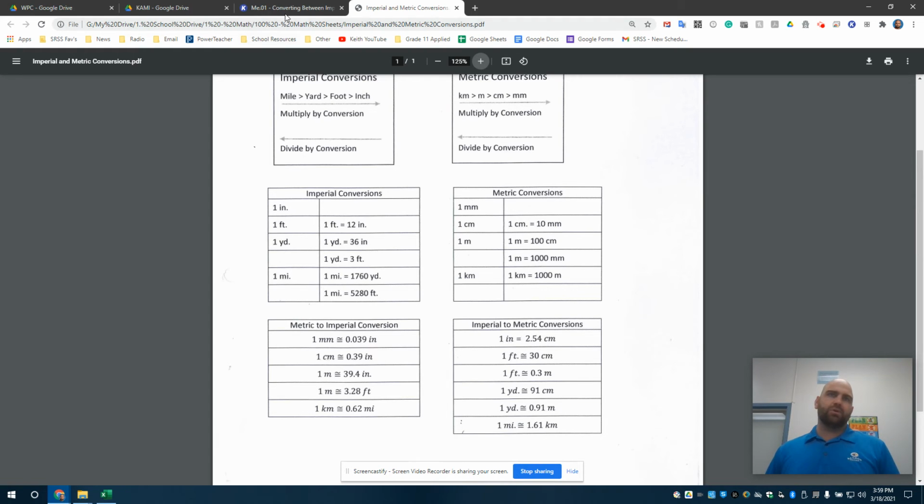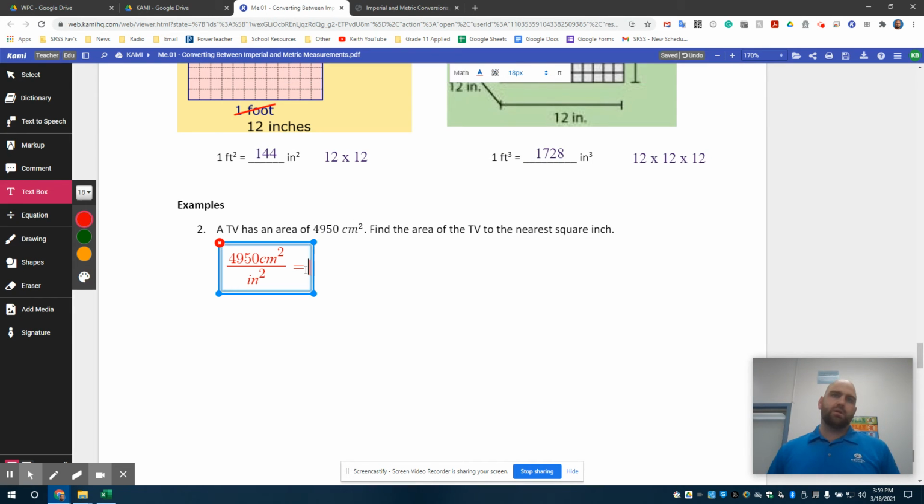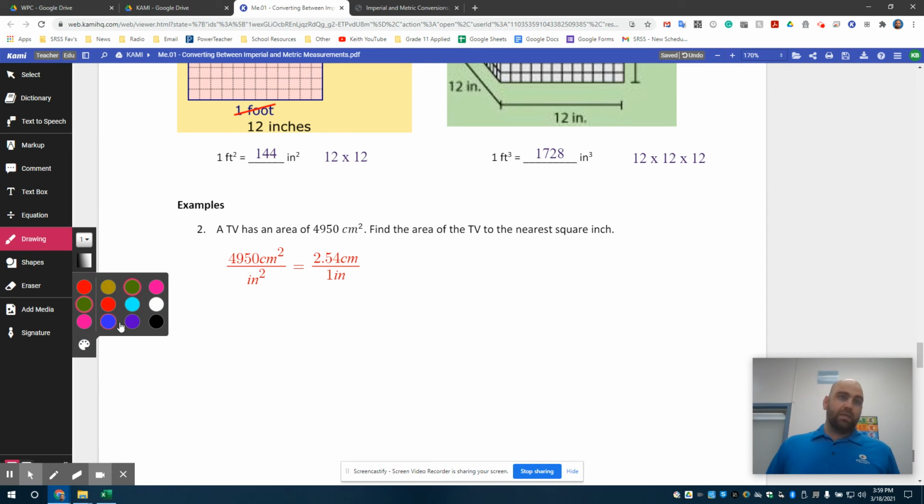I like this one here personally. That's just my own personal preference. So this is going to be 2.54 centimeters over 1 inch. Now again, we'll notice here that we are dealing with different units. We're dealing with area here and length there. So we need to square both of these, and that's going to give us centimeters squared.